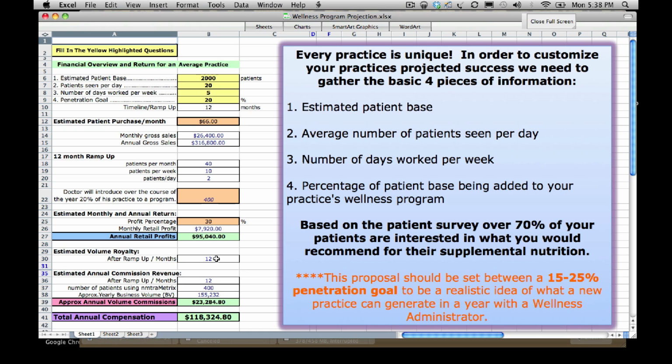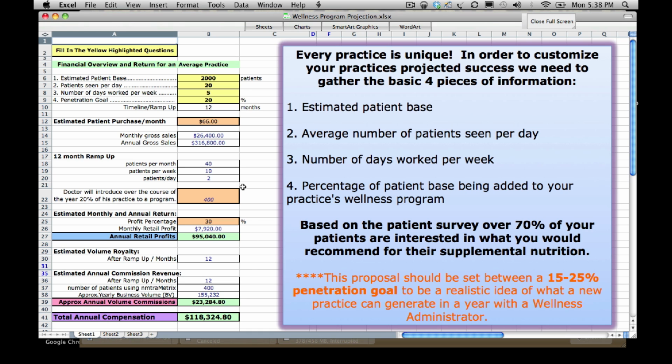After there are 12 months of ramp up and we are generating that 400 patients ordering $66 a month, there is going to be an additional annual commission to the physician in the amount of $23,284.